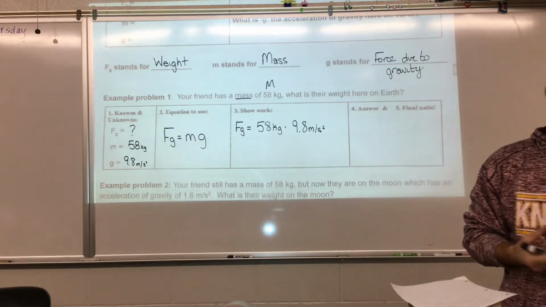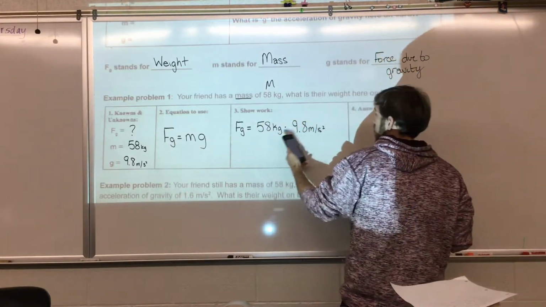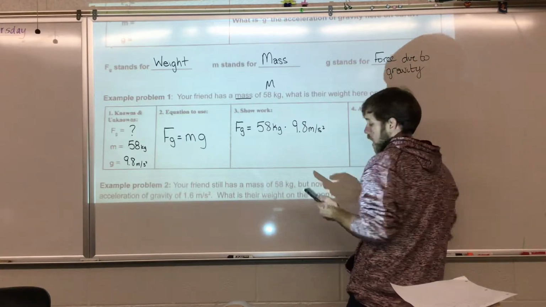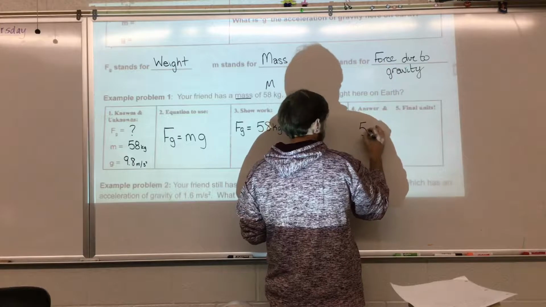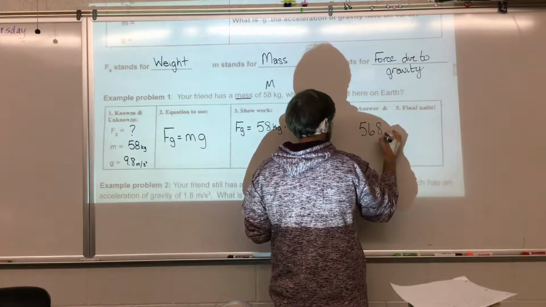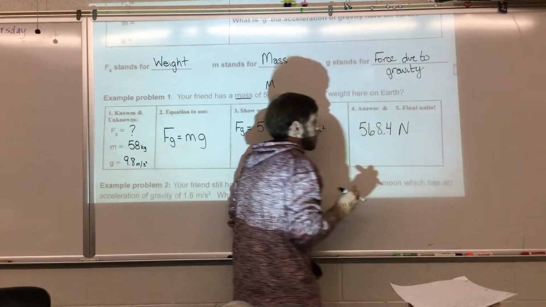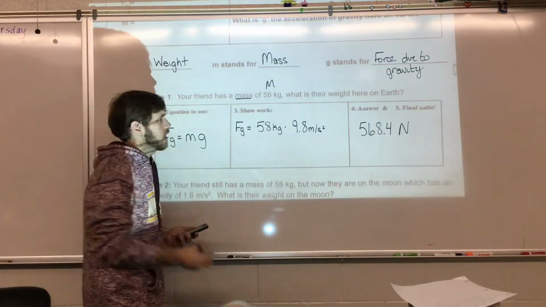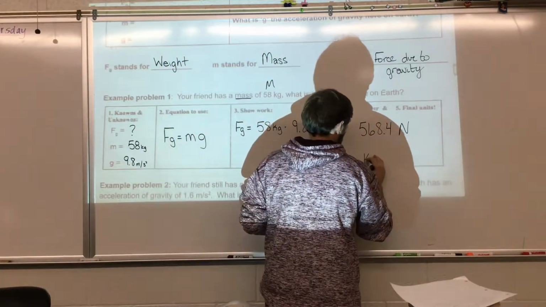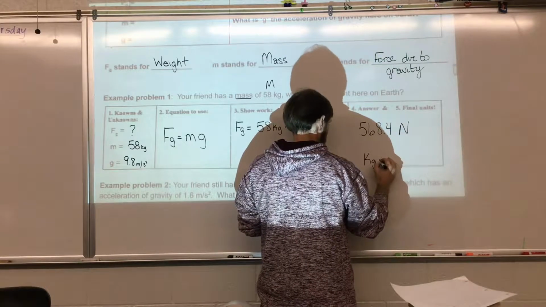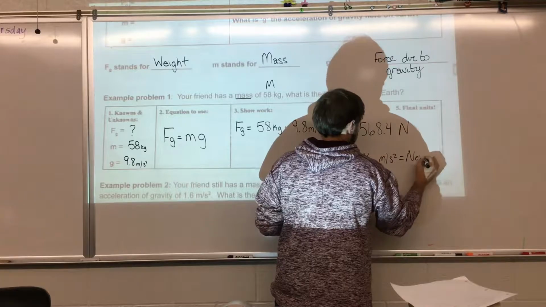We can turn onto our calculator on a phone and say that when we multiply 58 kilograms by 9.8 meters per second squared, you're going to get 568.4 newtons. You're like, wait a second, newtons? I had kilograms and meters per second squared. Yeah, remember that kilogram meter per second squared equals a newton.